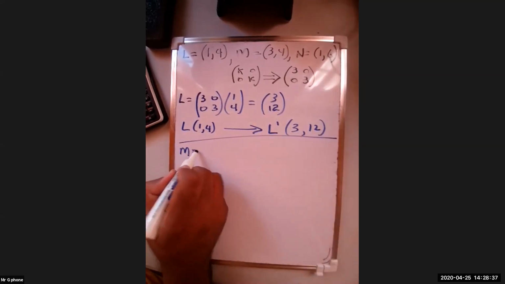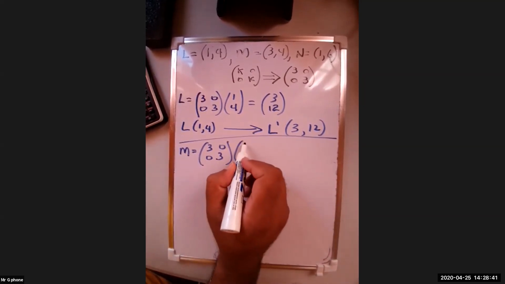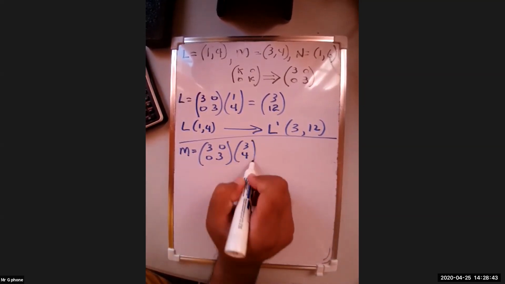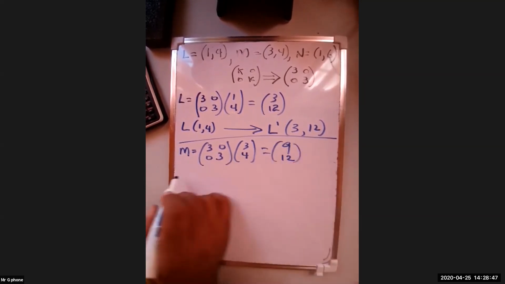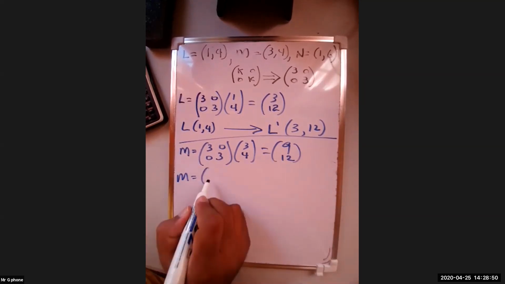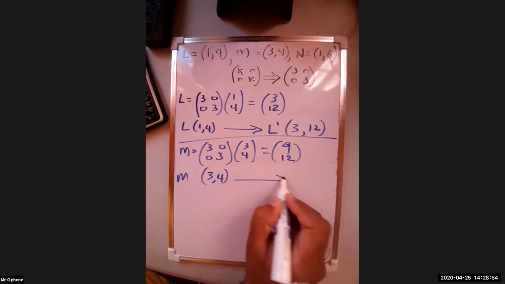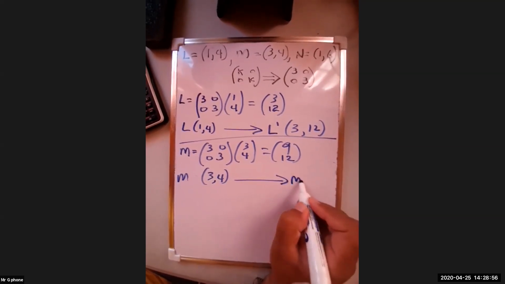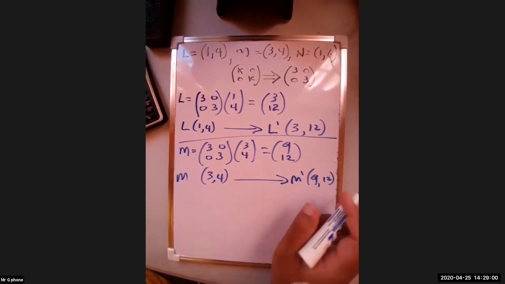M is 3, 0, 0, 3, then 3, 4. 3 3s are 9, and 4 3s are 12. So M, which was 3, 4, is now mapped onto M1, which is now 9, 12.